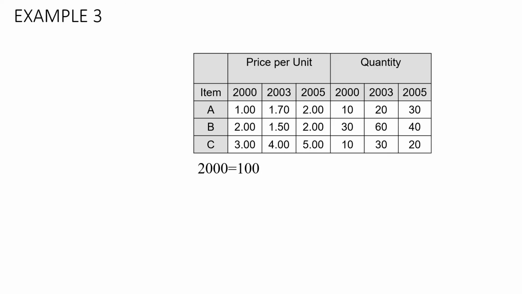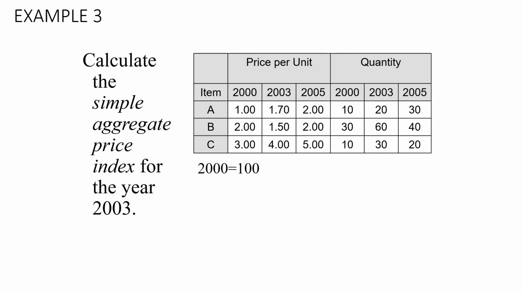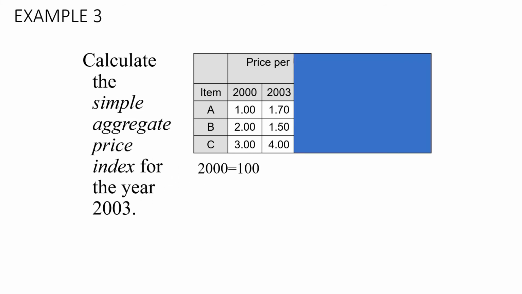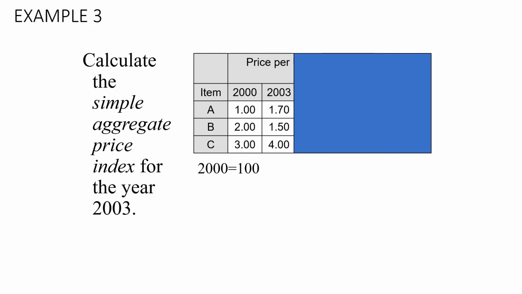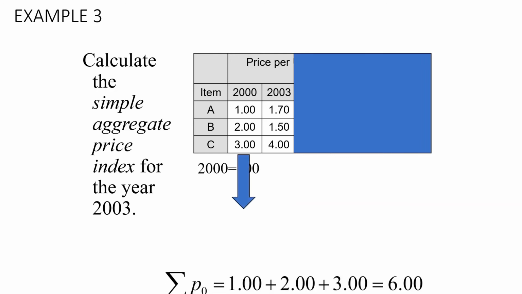Example 3. Calculate the simple aggregate price index for the year 2003. For this index, we first total up the prices for all items in both years. The sum of prices for the year of 2003 is 7.20. It is denoted by sigma pt. The sum of prices for the year of 2000 is 6.